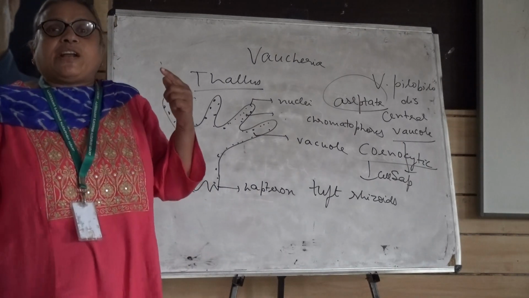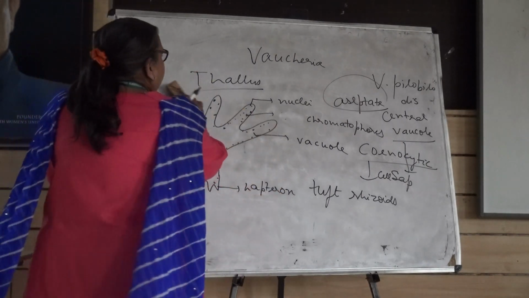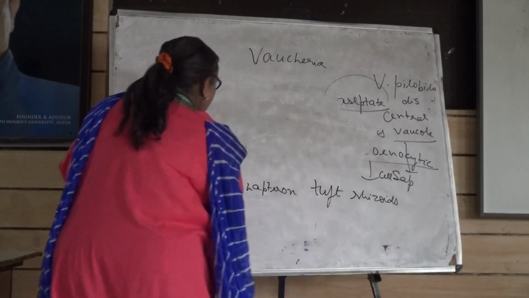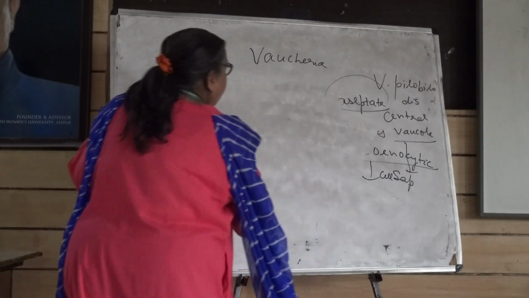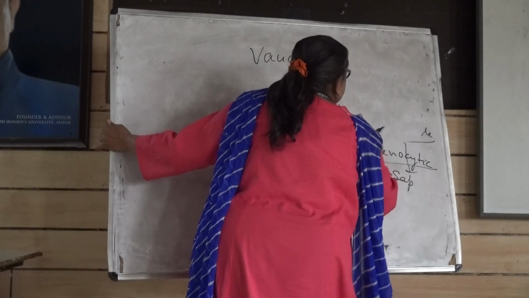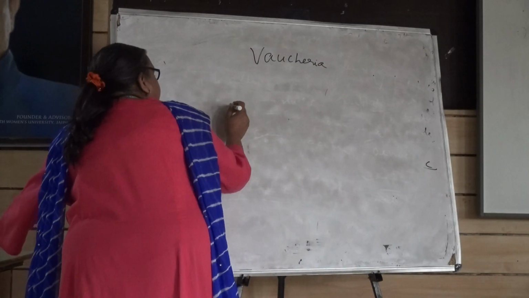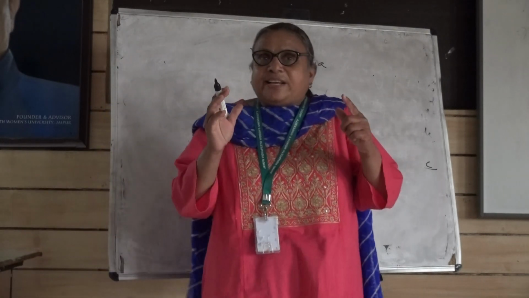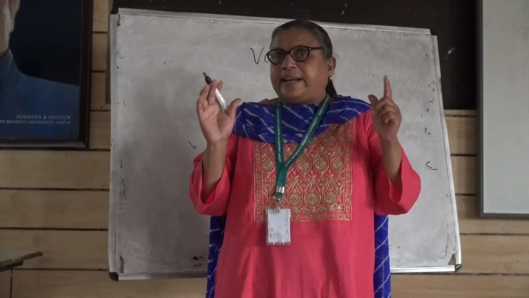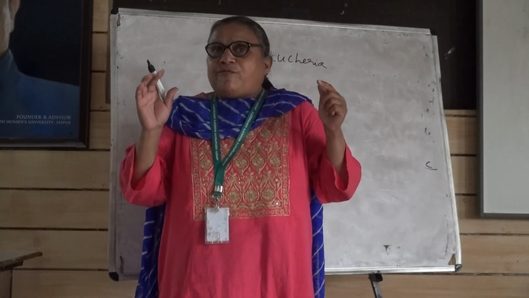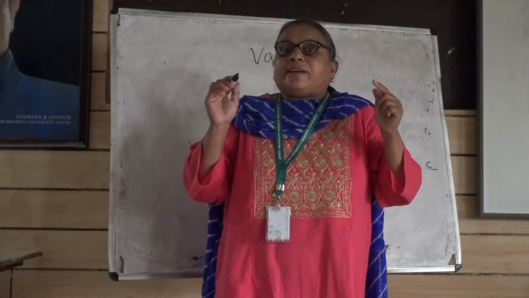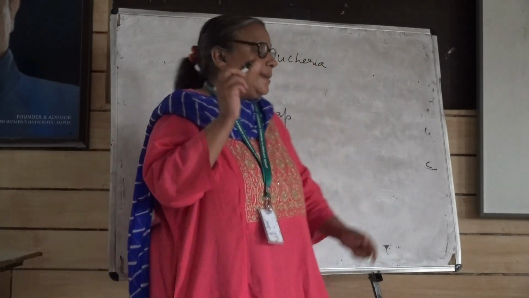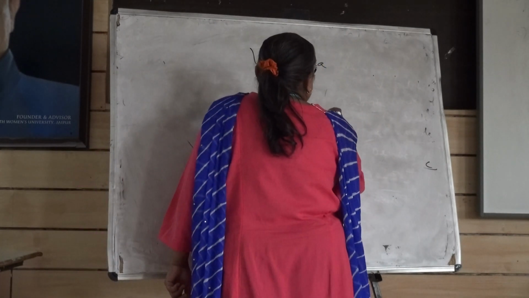What is found in the cell sap? Inside the cell sap you will find degenerated chloroplasts and a few crystals. The reserve food in the Vaucharia thallus is oil drops.